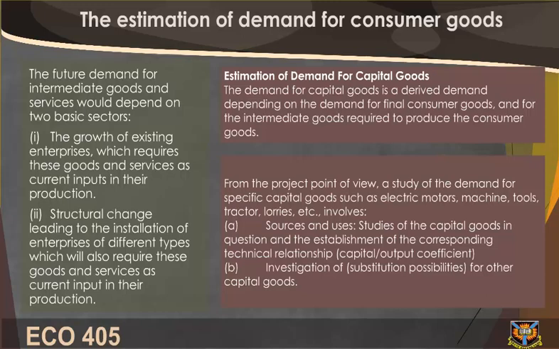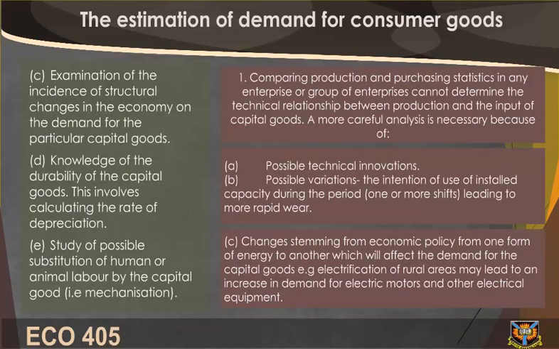A. Sources and uses studies of the capital goods in question and the establishment of the corresponding technical relationship, that is, capital output coefficient. B. Investigation of substitution possibilities for other capital goods. C. Examination of the incidence of structural changes in the economy on the demand for the particular capital goods.